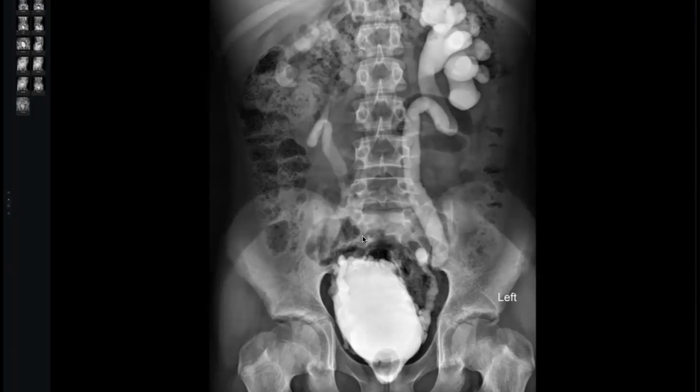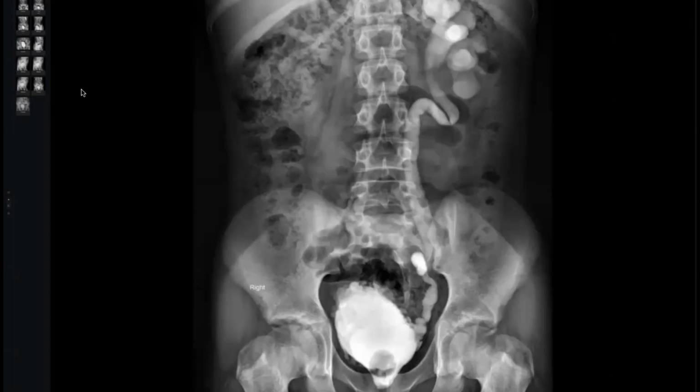When you see this appearance, you have only three differentials: either posterior urethral valve, or primary reflux, or neurogenic bladder. My advice for all of you, first, look at the bladder. See, multiple, innumerable diverticuli. So exclude primary reflux.